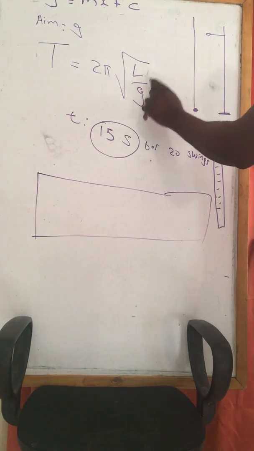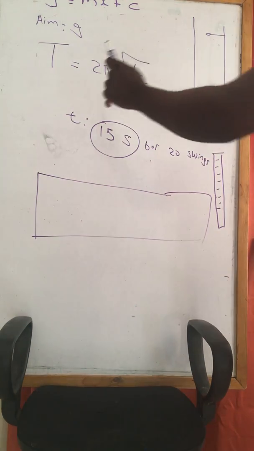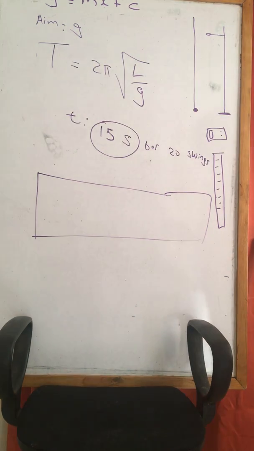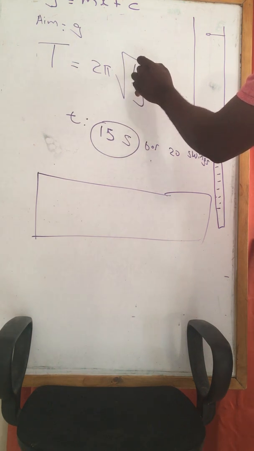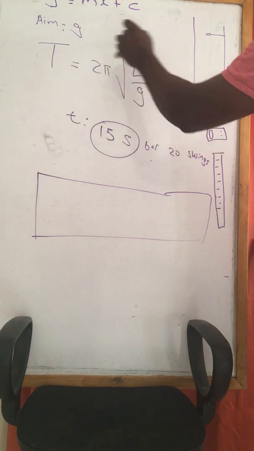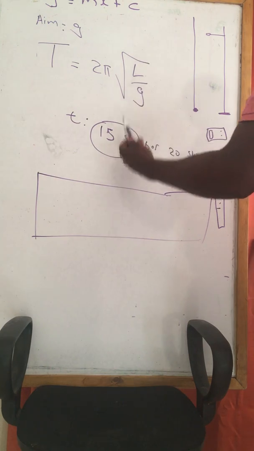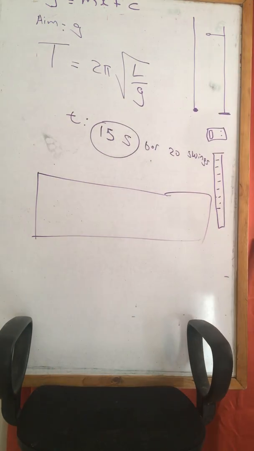And if we change L, what happens to T? Yes, it would automatically change T. Because mathematically, if you change this value here, all of this would change, and then in turn, that would also change.